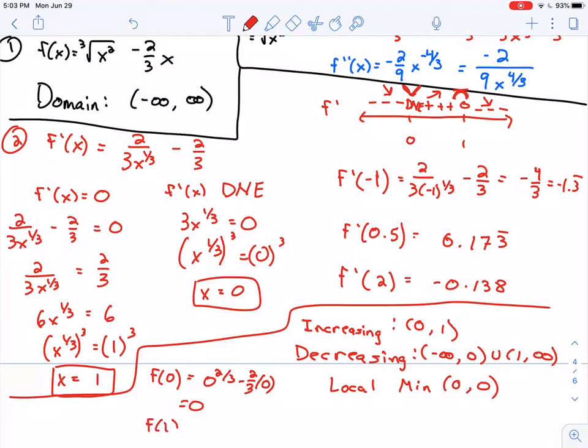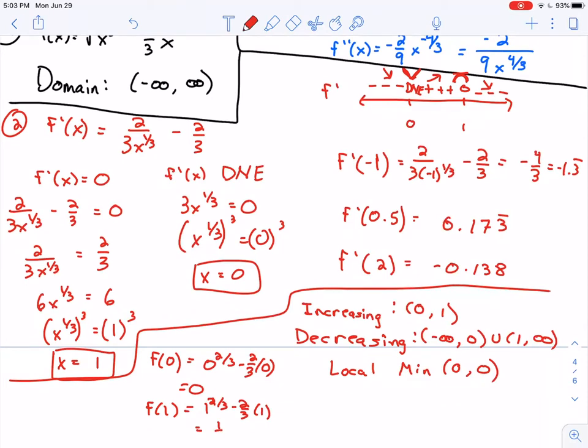So f of 1, this is 1 to the 2/3 minus 2/3 times 1. Here I should end up with 1/3, or 0.3 repeating if you're the decimal type. So we have a local max at 1, comma, 0.3 repeating.